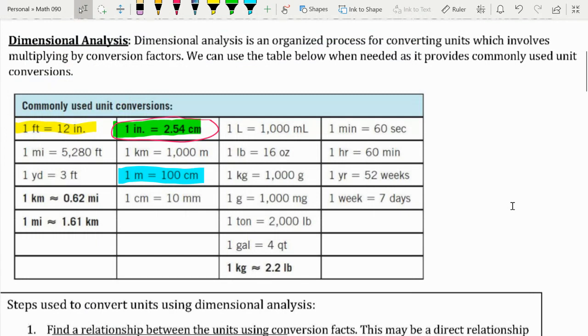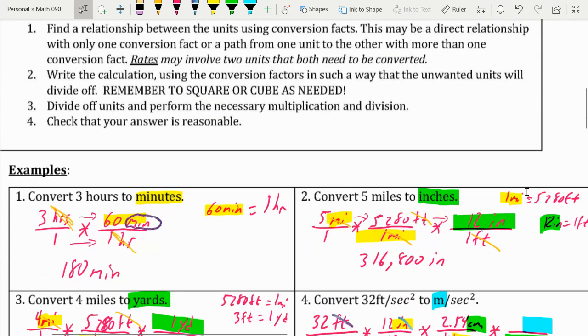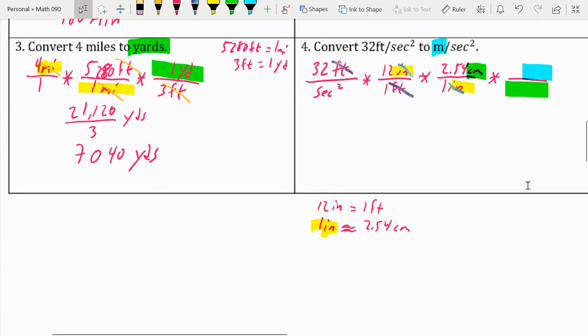I need to go from centimeters to meters. What was that conversion again? I forgot. Sorry, I'm looking at my paper. 1 meter is equal to 100 centimeters. Okay. Well, centimeters has to go at the bottom, so 100 centimeters is equal to 1 meter.